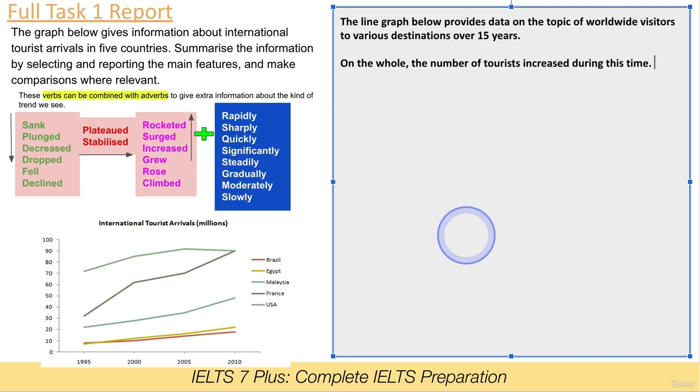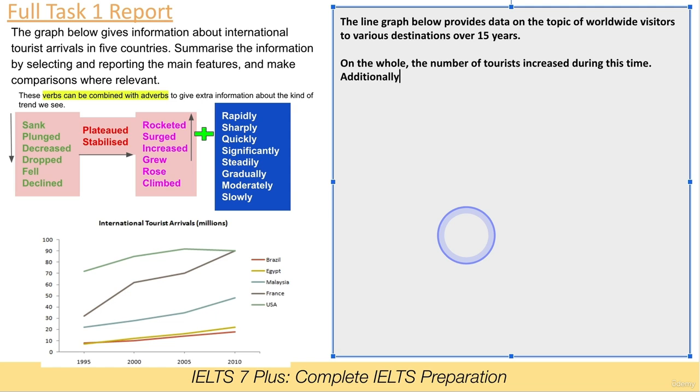And we wanted to mention France as an additional point. So we can say something like additionally. A synonym for additionally could be plus, also, as well as, moreover. You get the idea. Anyone that you like.